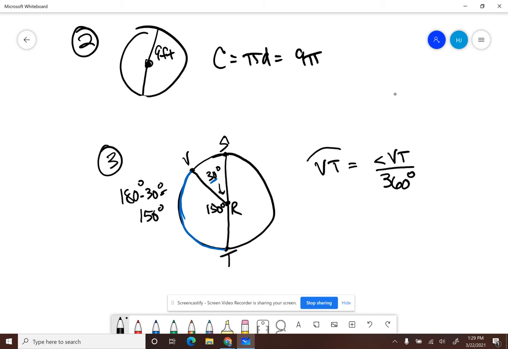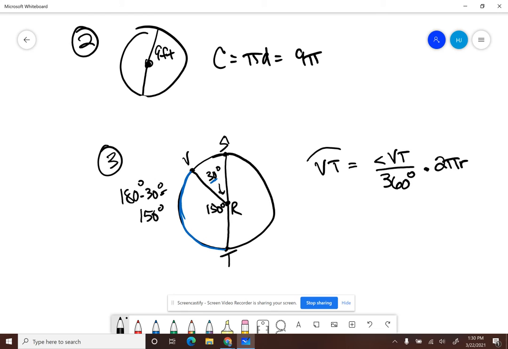All we need is just this 150 degree portion, okay? So what we're going to do is make that a fraction, because we need a fractional part of this circle, not the whole circle, okay? So we would have to take the angle of VT, the central angle, divided by 360, and we're going to multiply that times our formula for the circumference of a circle using radius, which is 2 pi r, okay?